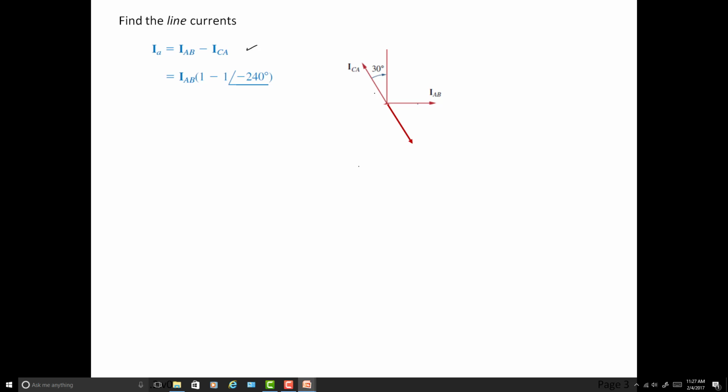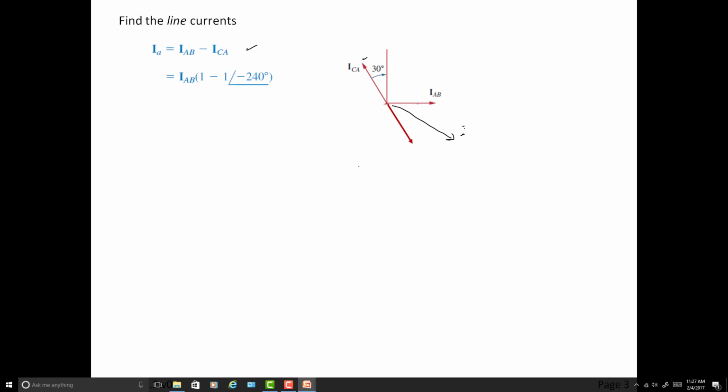And here I am making that vector of minus ICA. Okay, so what are we going to do? If I'm going to subtract ICA, it's the same as adding this one, right? So that's going to be our usual thing out here.